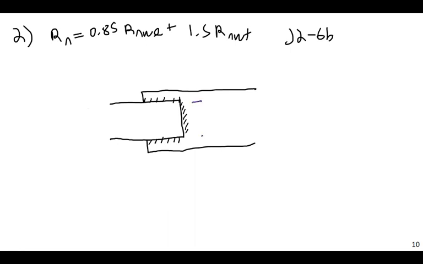This is going to be the length of your transverse weld, LWT. And this would be the length of the weld longitudinal, LWL. And you would calculate the capacity of each, and then combine them together using this equation here.